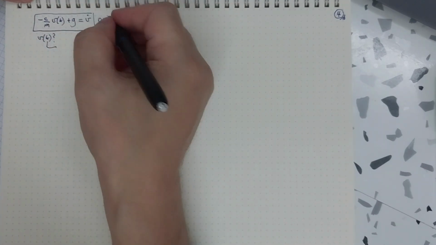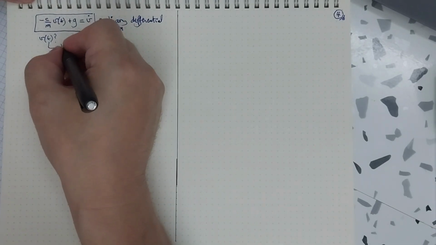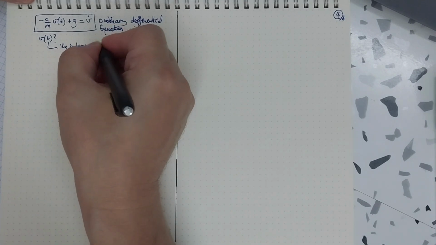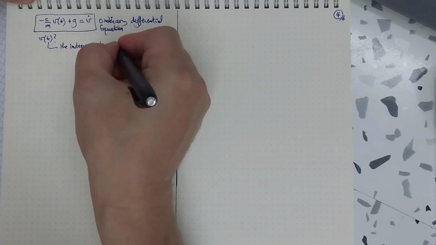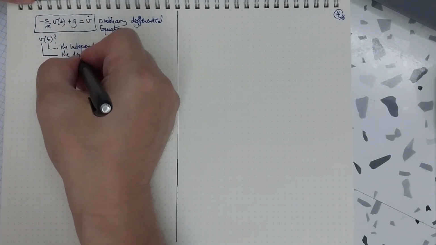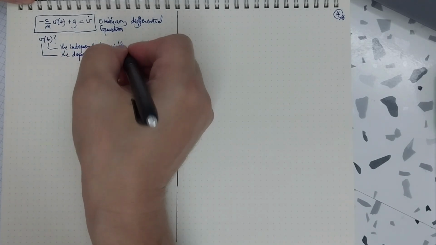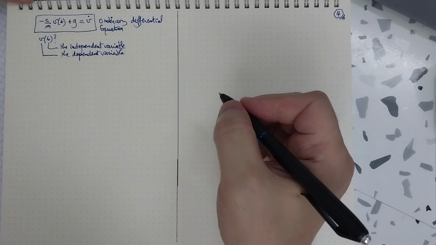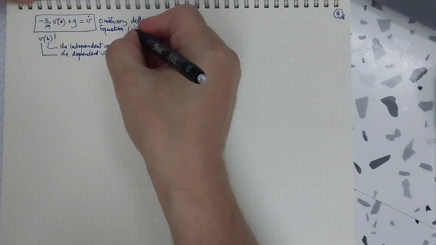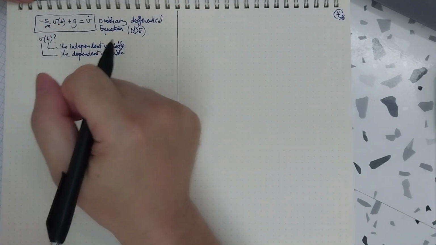That's why it is called an ordinary differential equation. t is the independent variable, and v is the dependent variable. It's the unknown. So we have our equation, our ODE. Let us solve it to find the expression of the velocity.